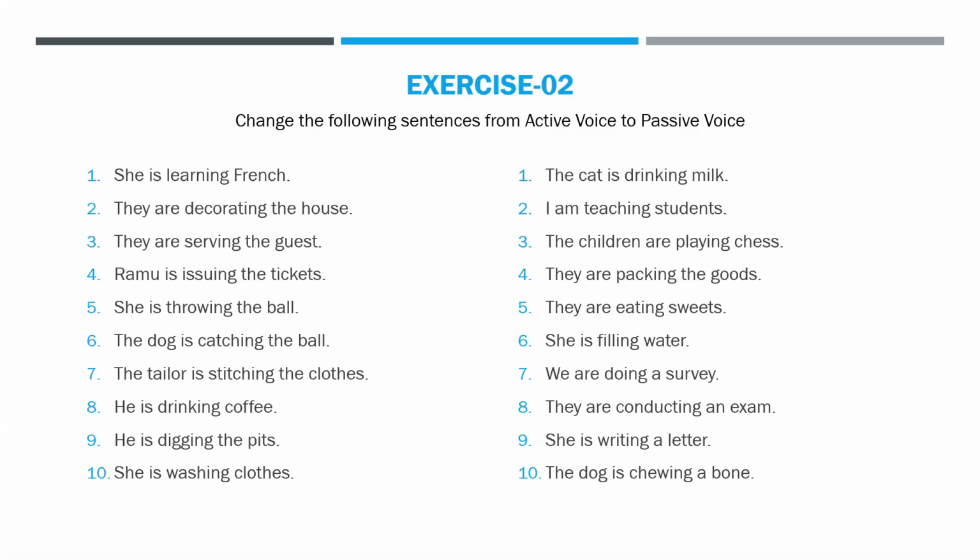So do you remember what is it? Do, did is V2 and done is your V3. So how will you transform it? They are conducting an exam. She is writing a letter. The dog is chewing a bone, right? So all these verbs, they are in the present continuous. So remember the rule, apply it and transform all the sentences to the passive voice.